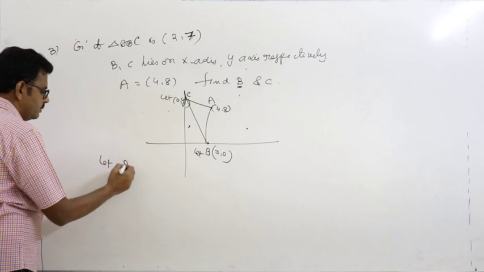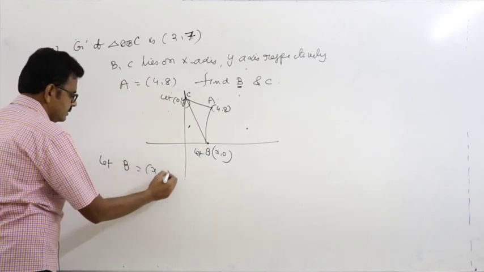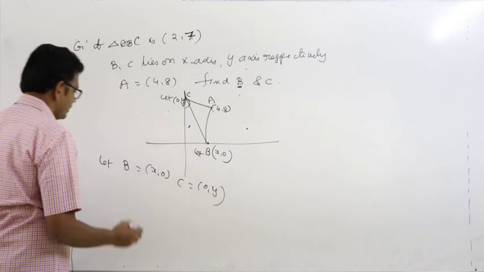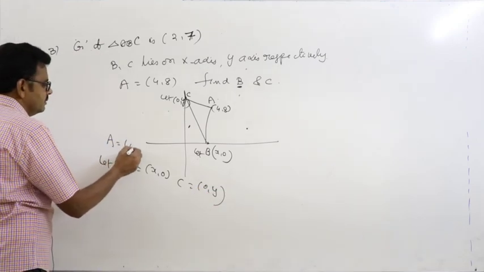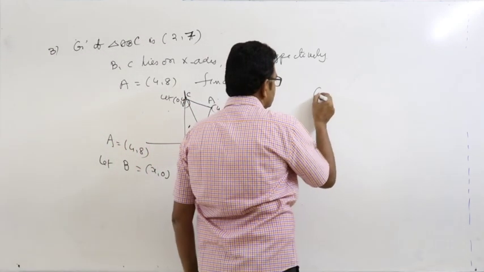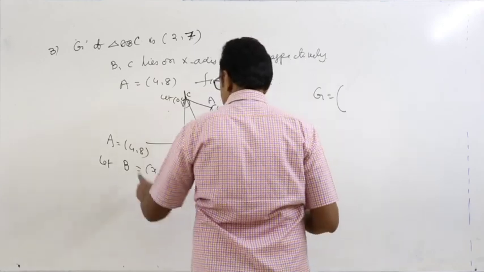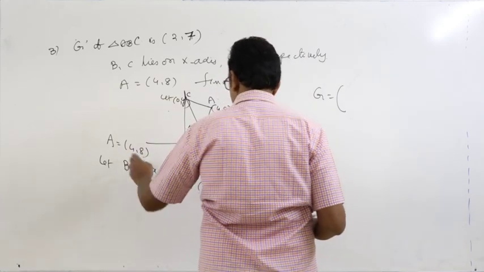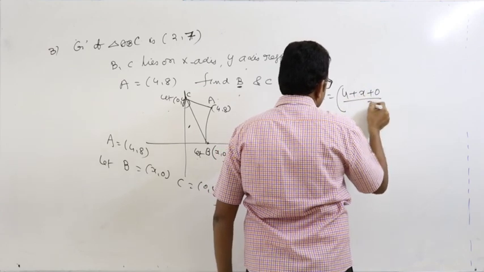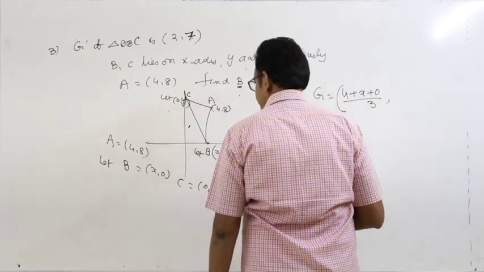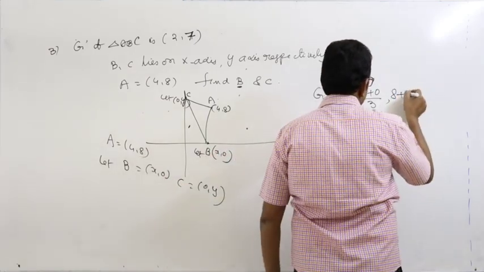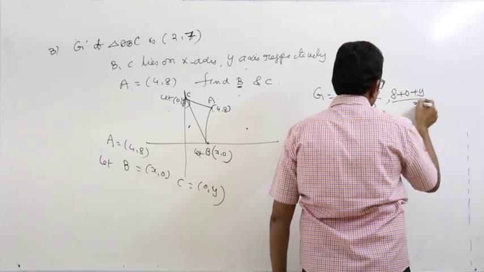Let B coordinates be x comma 0 and C coordinates be 0 comma y, and A coordinates are given as 4 comma 8. Now the centroid formula: the centroid is (x1 plus x2 plus x3) by 3, that is 4 plus x plus 0 by 3 comma 8 plus 0 plus y by 3.